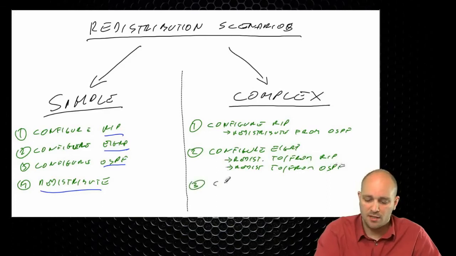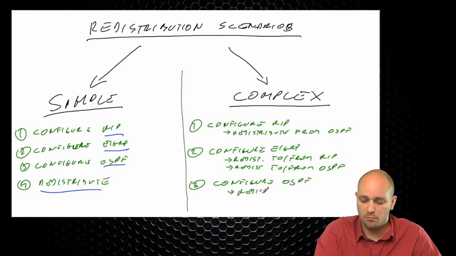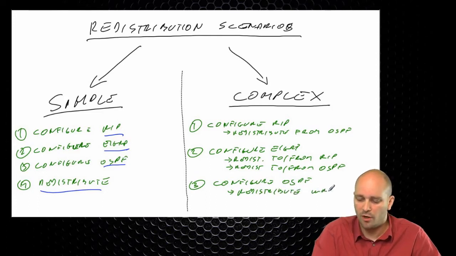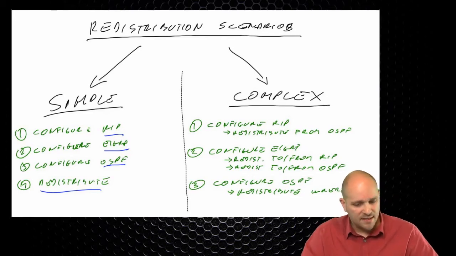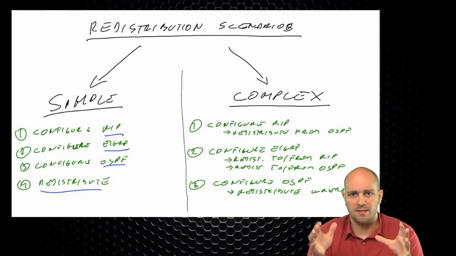Task number 3 says configure OSPF, and it says here redistribute, for example, where needed, whatever that may mean. Now, this is a lot more complicated scenario.